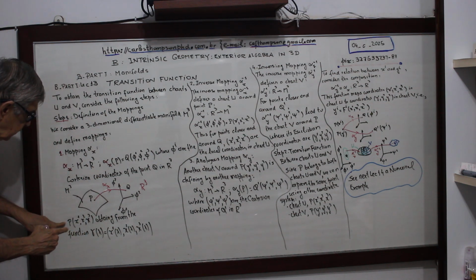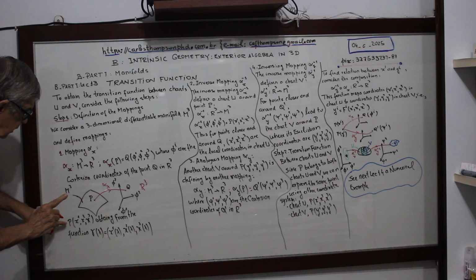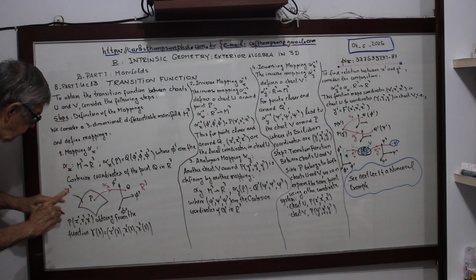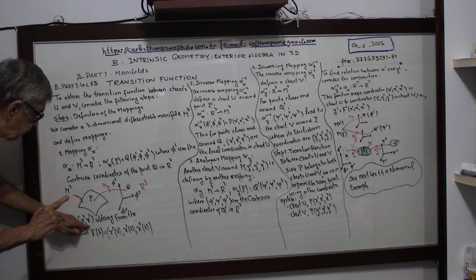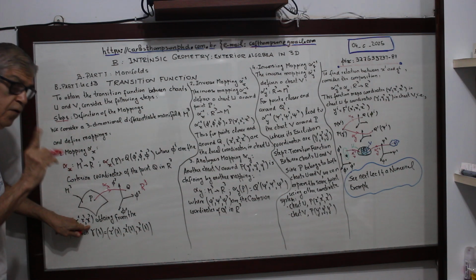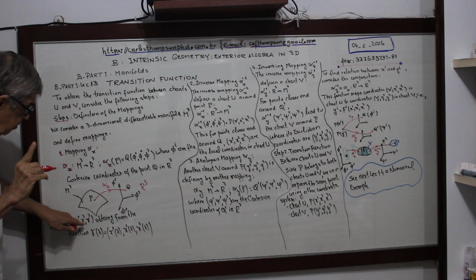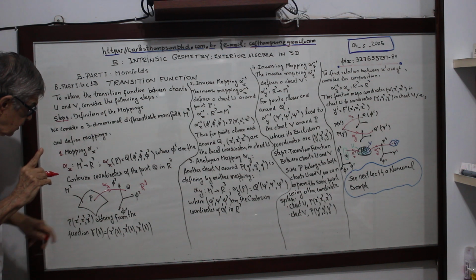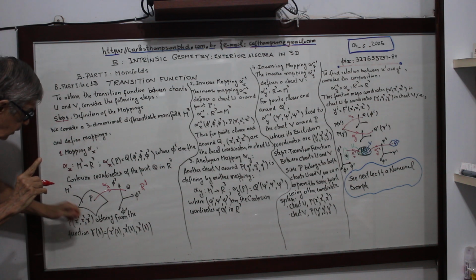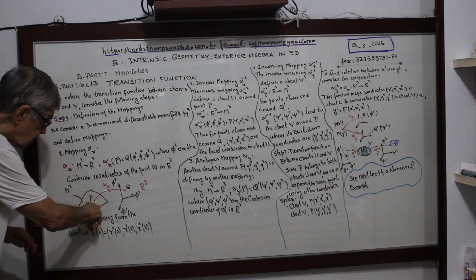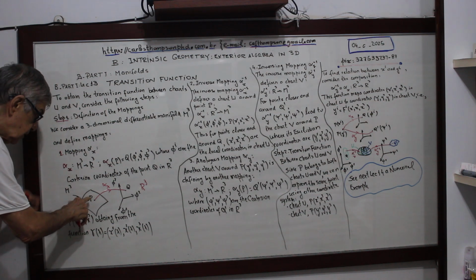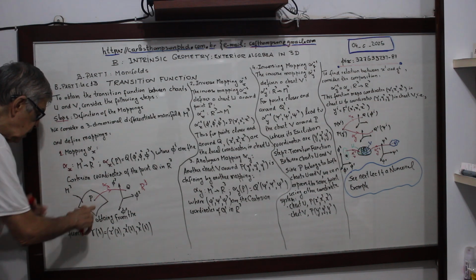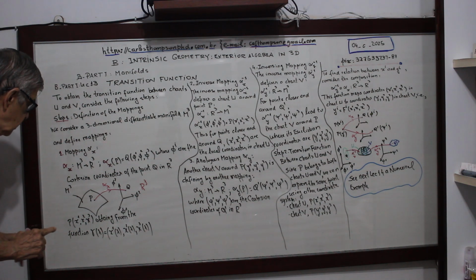Now, attention, the coordinates of P, x1, x2, and x3, belong to the manifold. But this is in the Euclidean coordinates, the curved surface, x1, x2, x3 is a point P that belongs to the manifold.